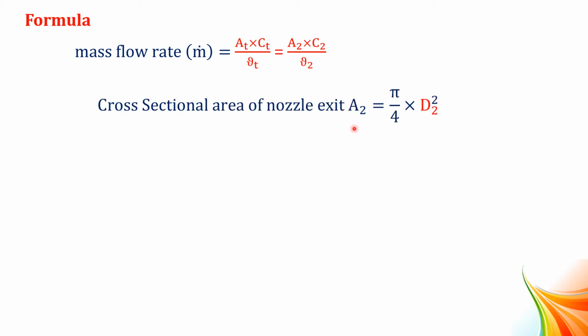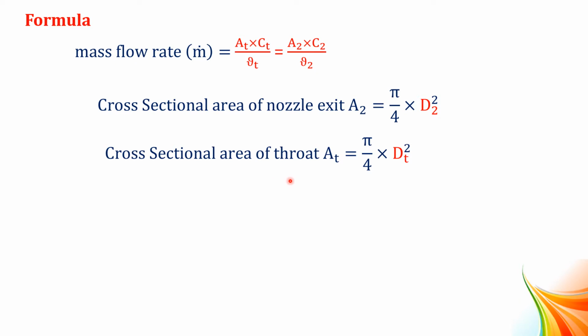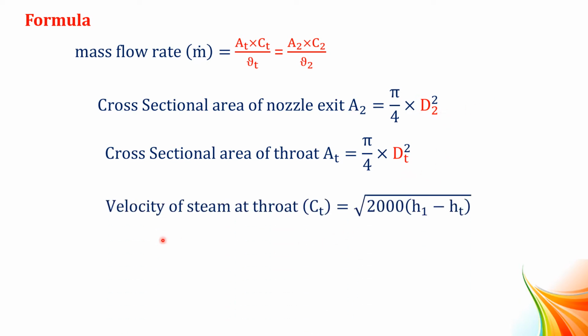Cross-sectional area of the nozzle exit A2 equal to pi by 4 into d2 square. Cross-sectional area of throat At equal to pi by 4 into dt square. So here we have to find out d2 and dt values. Now velocity of steam at throat section Ct equal to square root of 2000 into h1 minus ht.